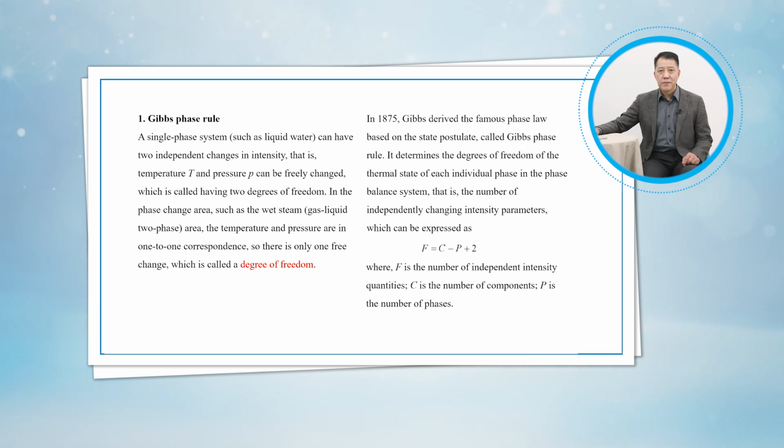For example, for a pure substance like water in a liquid phase, we have C equals 1 and P equals 1, which gives the number of independent variables needed as F equals 2, using equation 563.